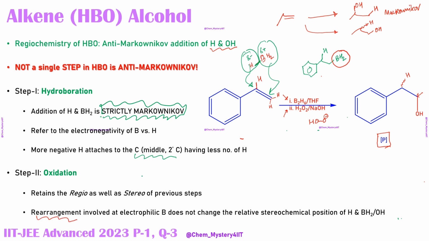That rearrangement is driven by the electrophilic boron; sometimes it gets a negative charge, but it becomes electrophilic again only once it loses one OH minus from there. So this electrophilic rearrangement associated with the boron is not changing the position of BH2 which was there in the beginning, and after this oxidation step, the BH2 group is basically replaced by an OH group in the final product. So this carbon where BH2 was present in the beginning, we now get the OH group.